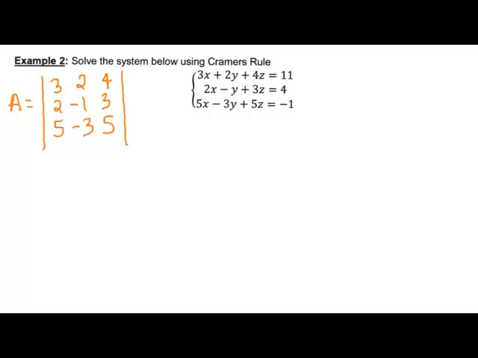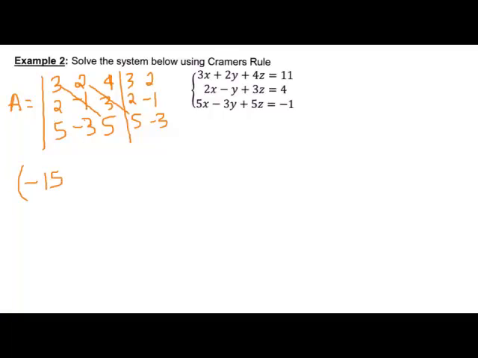Now if you remember, to find the determinant of this 3 by 3 matrix, we want to rewrite our first two columns. So 3, 2, and 5, 2, negative 1, and negative 3. So we have our first diagonal. 3 times 5 is 15, times negative 1 is negative 15. 2 times 3 is 6, times 5 is 30. 4 times 2 is 8, times negative 3 is negative 24.